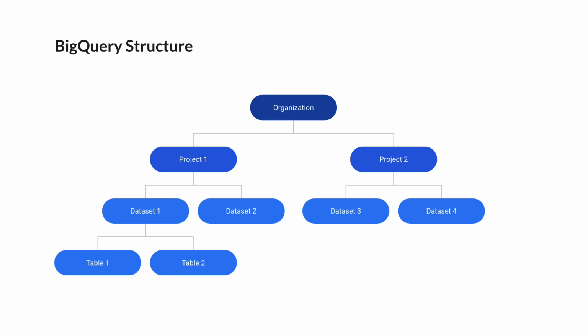Now, there's one more tier above a project called an organization, but not all of your projects have to belong to an organization. Organizations are useful for large enterprises with lots of projects, and your company needs to create this organization for you by using either Google Workspace or something called Cloud Identity.